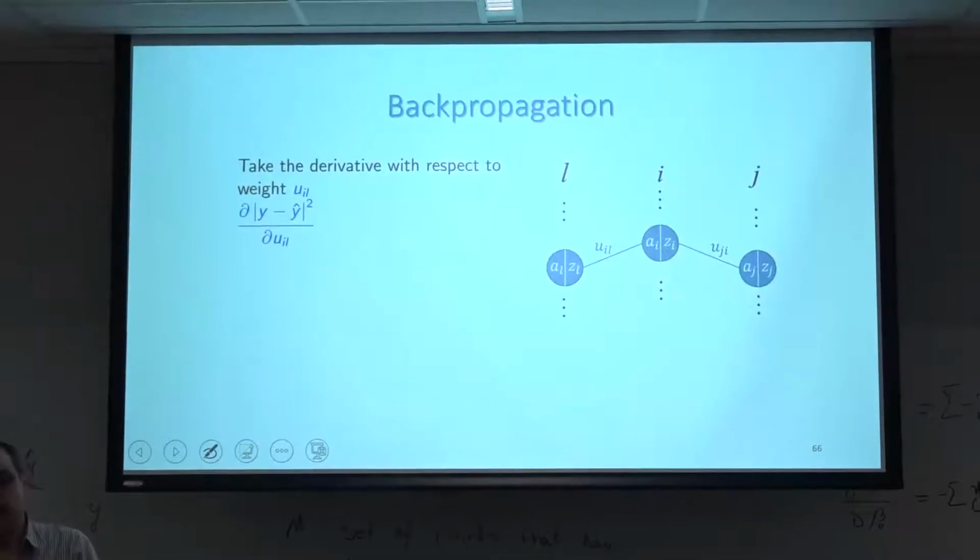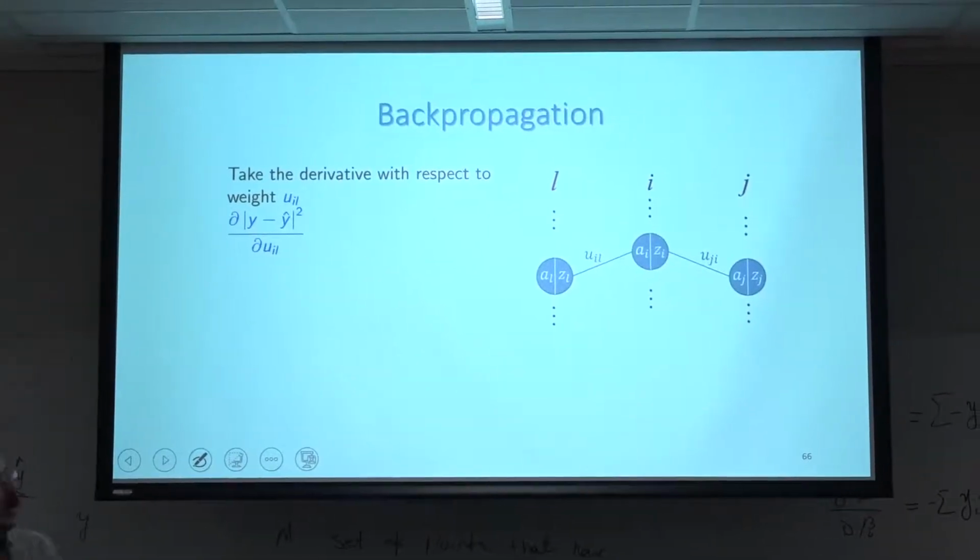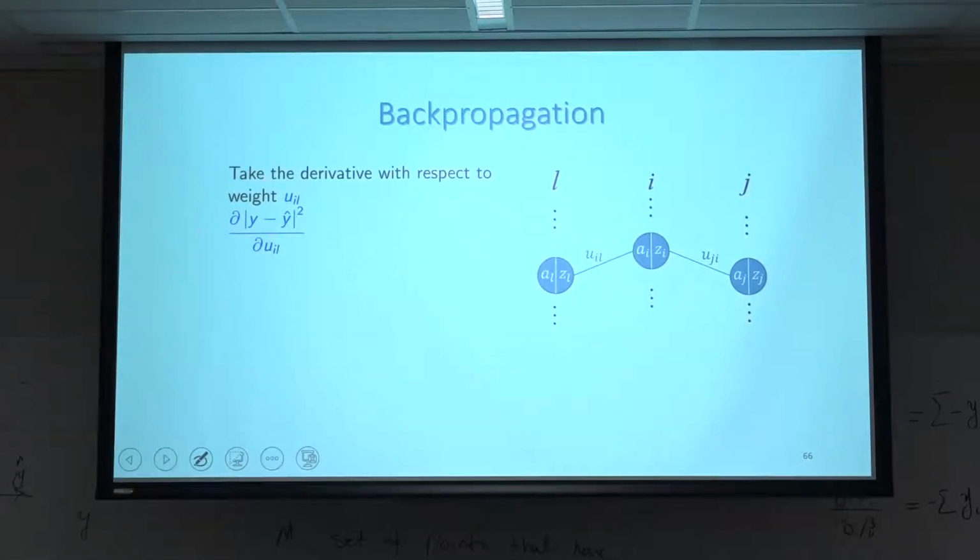I want y to be close to y hat. But my job is to take the derivative of this cost function with respect to one of these weights, one of these parameters: the derivative of y minus y hat squared with respect to U_il. Any suggestion how we can take this derivative?